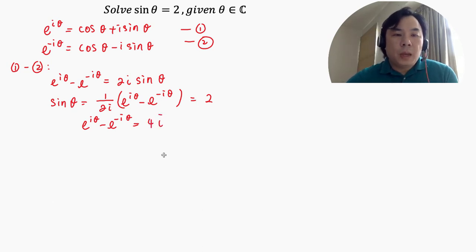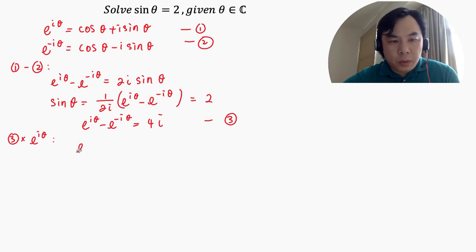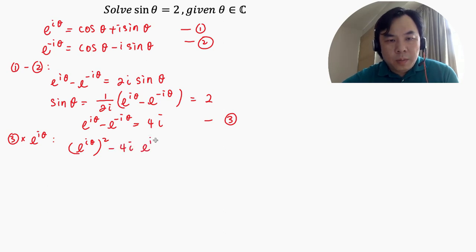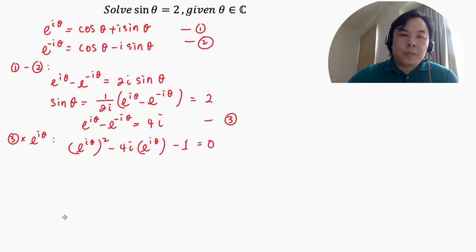And then of course we can multiply both sides by exponential i theta. So here I'm going to write down this equation as number 3. I'm going to take 3 multiplied by e to the i theta. Now that will give me e to the i theta squared, and then minus 1. All right, there you have it.